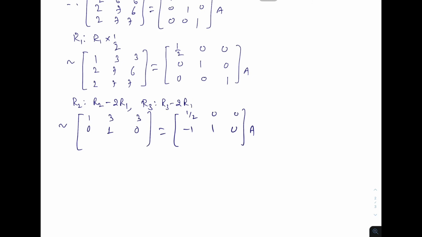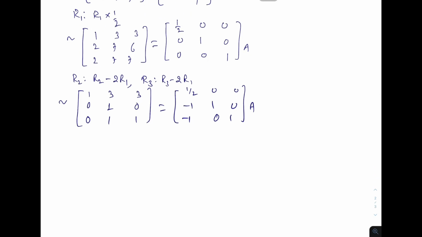Now here R2 multiply with minus 2 and add here, so this is 0, then 1, then again 1. Similarly here minus 1, and because of these two 0, this will not change, so that is 0 1.